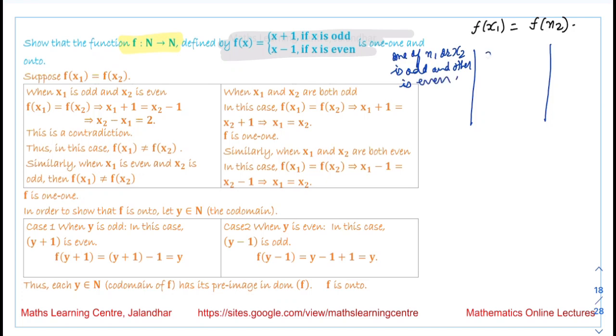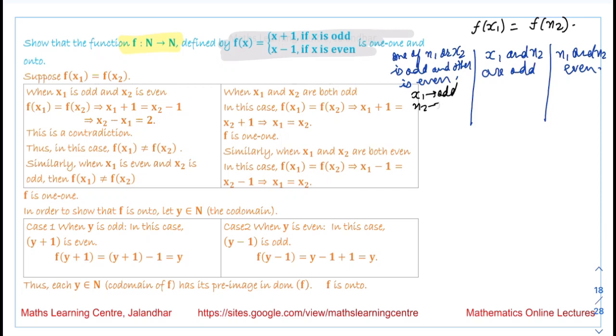The second case is that x1 and x2 are both odd, and third is x1 and x2 are both even.